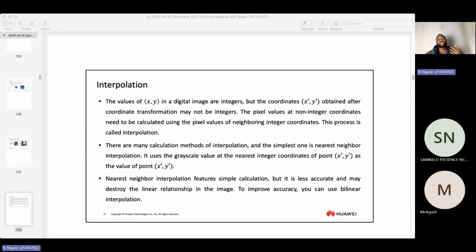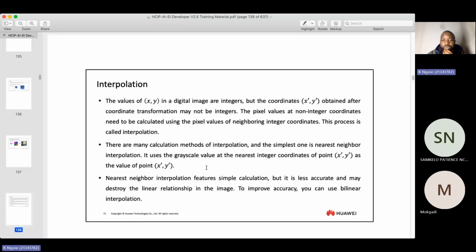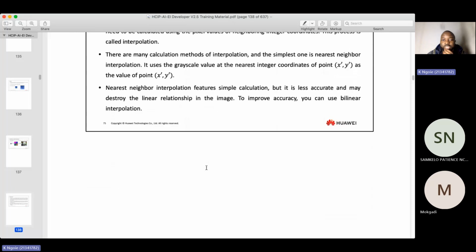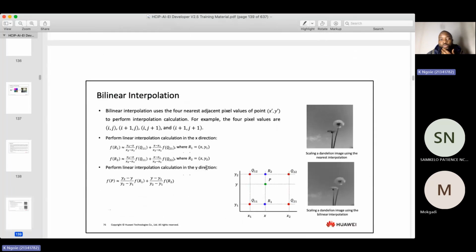Interpolation mimics this behavior to produce continuous or smooth images. So that's interpolation. When we're talking about interpolation, we are talking about getting the right value in terms of the integer value. It's kind of estimating whatever we have and placing it close to where it's supposed to be.